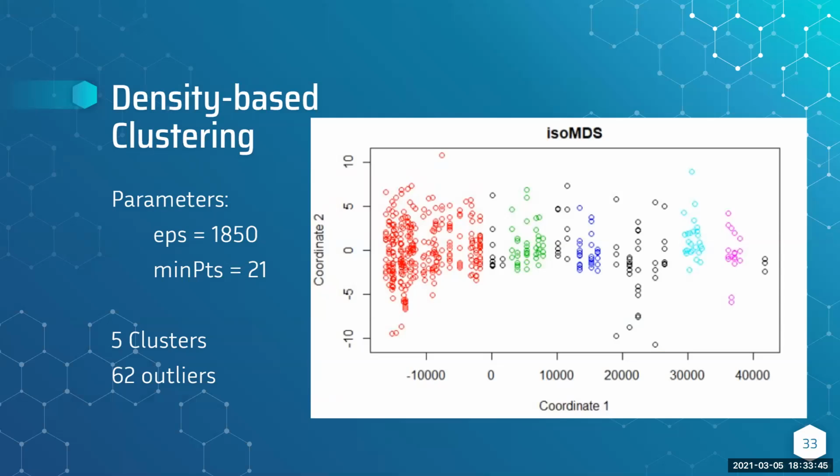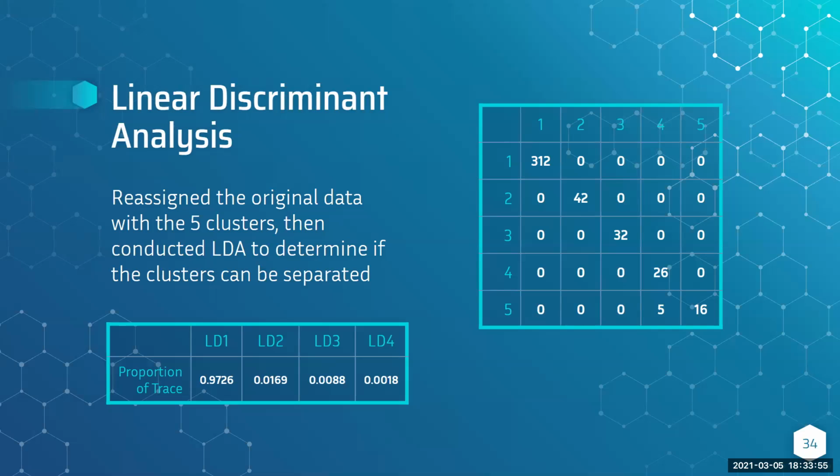So using density-based clustering, there are about 5 clusters and 62 outliers using the parameters that we tested in trial. Then putting back into a linear discriminant analysis, we found that the proportion of trace for LD1 was actually 97.26.